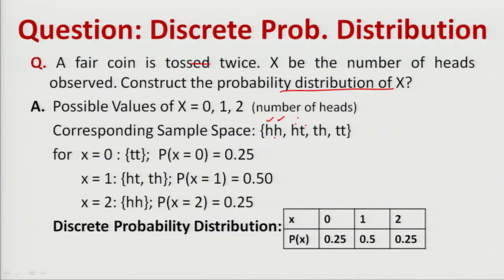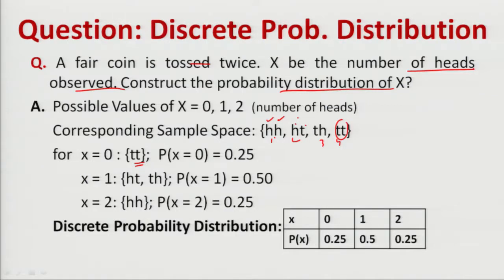Now, what is our question? The question says the number of heads observed. The first case is when no head is observed. That is the case when we get just TT, tails on both, and the probability of TT is, this is a single case out of 1, 2, 3, 4. The total number of events is 4.